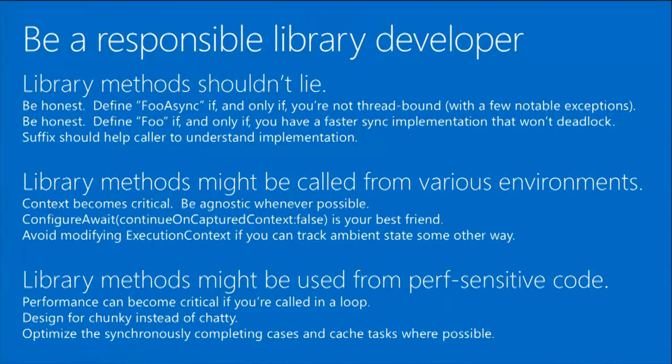We compared these two things. Let me compare you against the memory stream that's actually built into the framework. Again, the first one took 14 garbage collections, and the memory stream in the framework took 0 garbage collections.